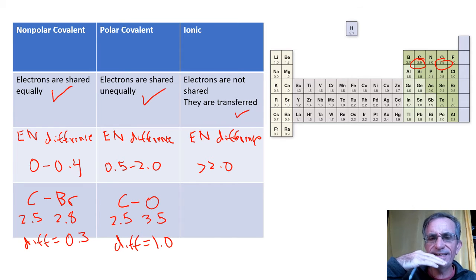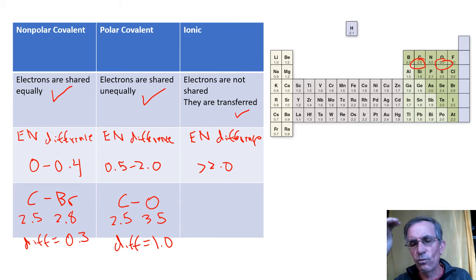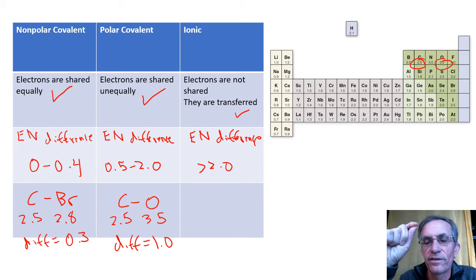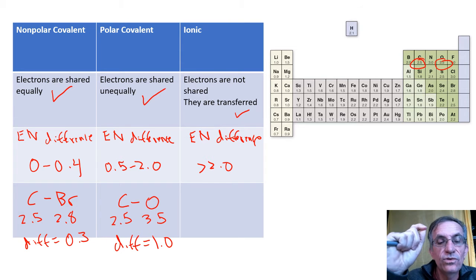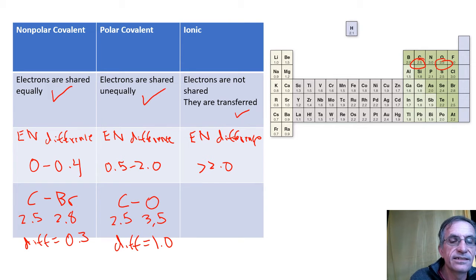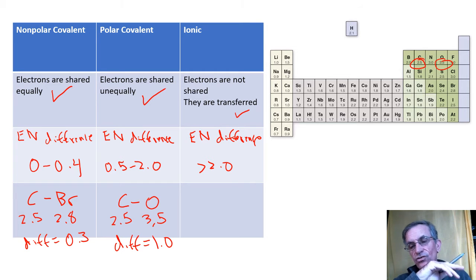That tells me that these electrons are not shared quite evenly. One atom likes the electrons more than the other. The atom that likes the electrons the most is the one with the bigger value, so the electrons are going to get pulled towards the oxygen, because it has the higher number.